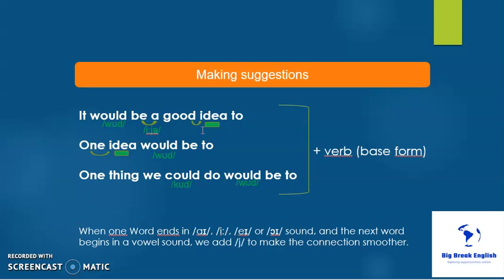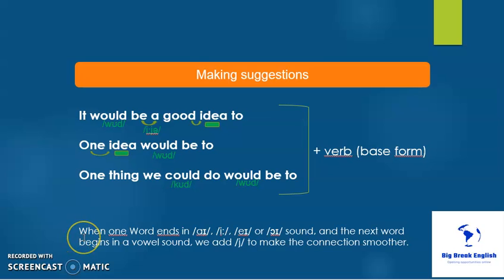Now, another interesting thing that happens here is that between the words be and a, we actually add a sound. Listen for it. Be a good idea to. Be a good idea to. I don't know if you heard the y that was added there. There's a little rule for this.